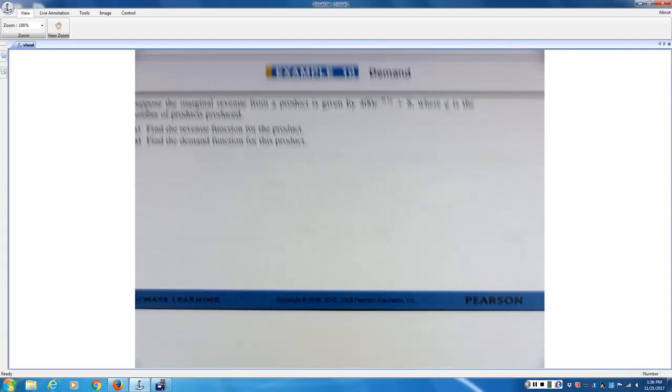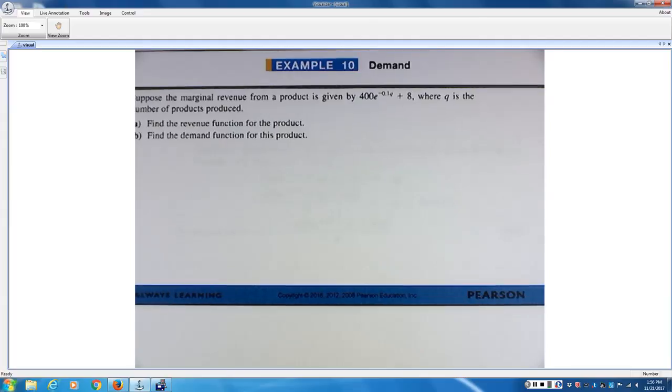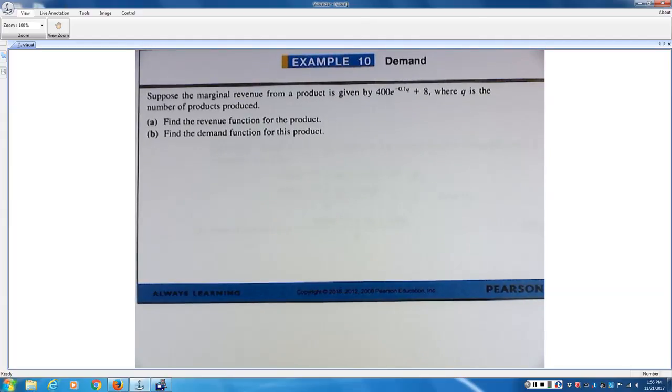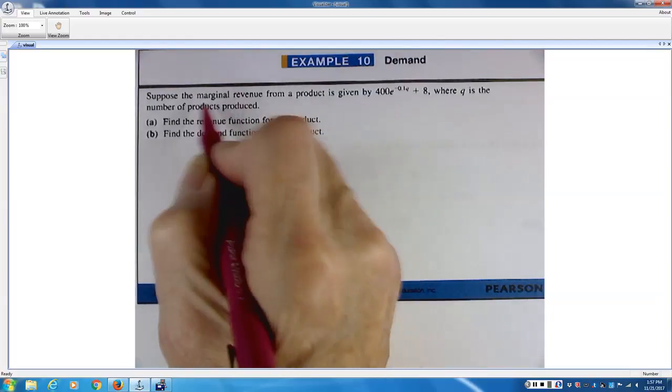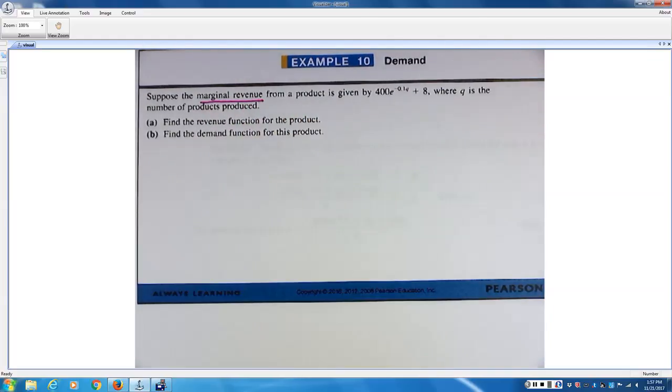And our next example is an example of a demand problem. So suppose that the marginal revenue from a product, and there's that word marginal again, that tells us we've got a derivative, is given by 400 e to the negative 0.1 q plus 8, and q is the number of products produced. And it says they want us to find the revenue function.